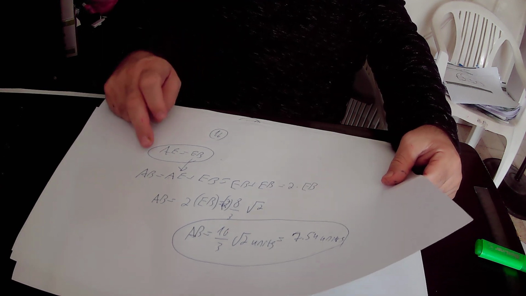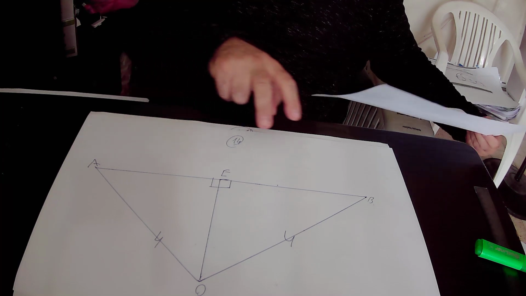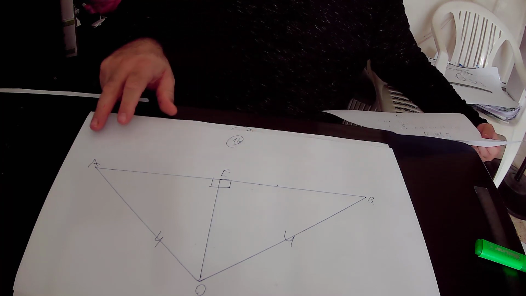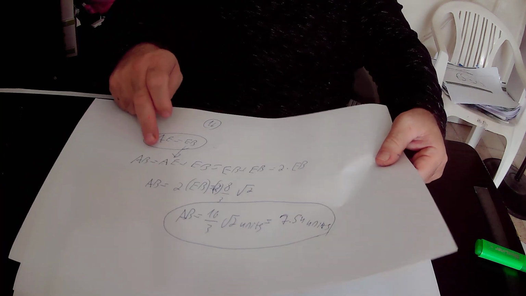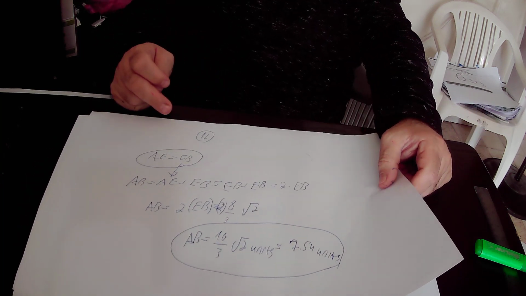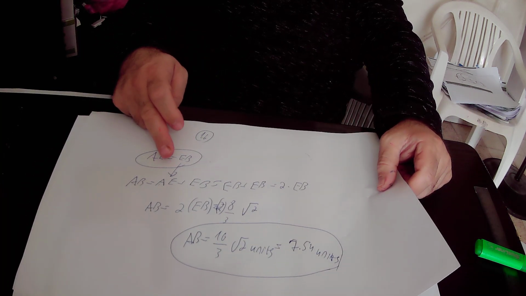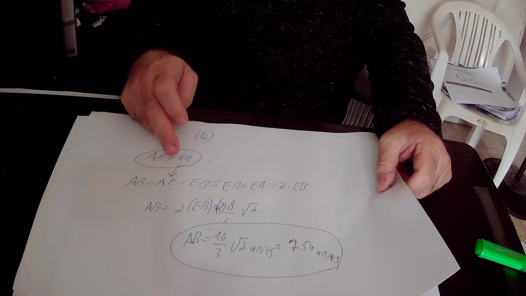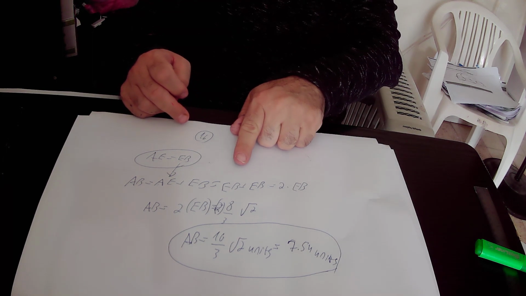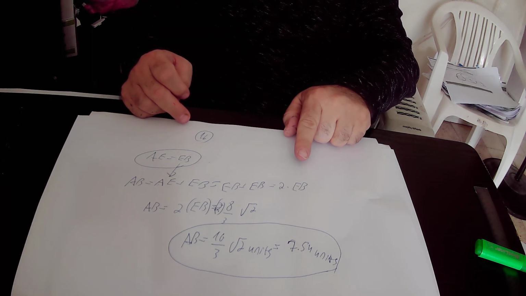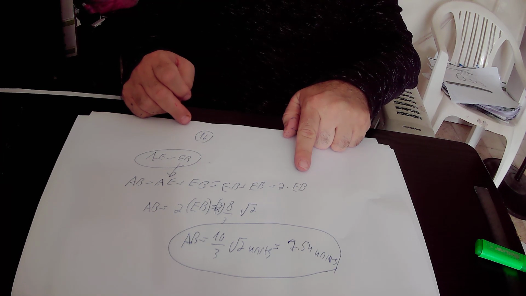And what is the size of AB? From the drawing you can see that AB equals AE plus EB. But we know that AE equals EB, so we can substitute AE in this equality by EB, and we get that AB equals EB plus EB, that is to say AB equals 2 times EB.